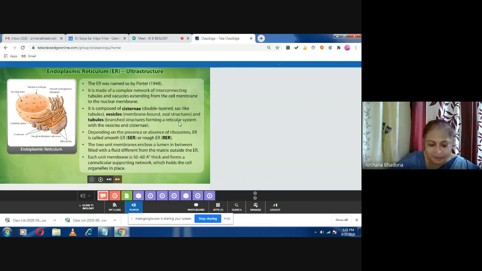If you find reticular system difficult, you can write down network, forming a network with the vesicles and cisternae. Noted, everyone?